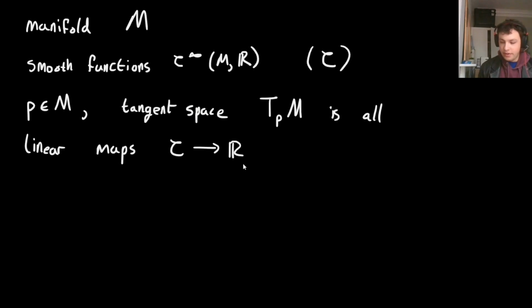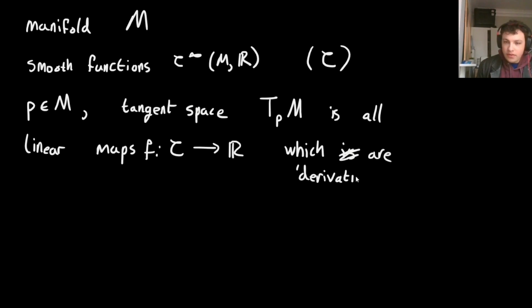And so we have to account for this extra structure, or we don't have to, but we do, and we say that the map has to be a derivation, or obey the Leibniz rule, and so that means that they obey the product rule.